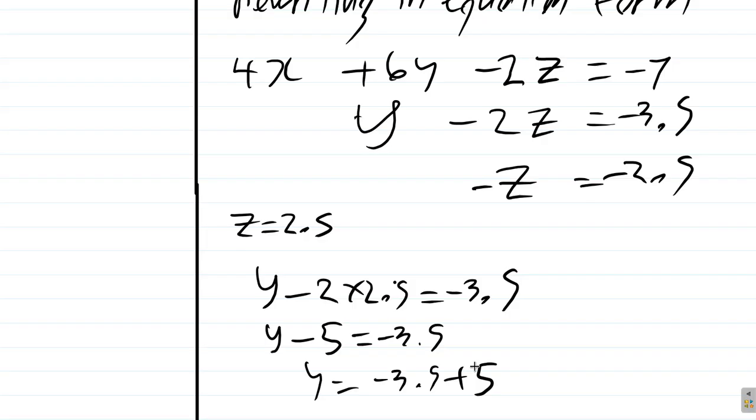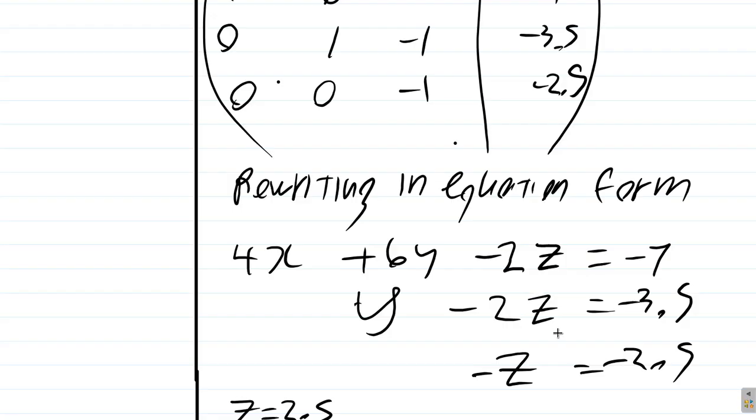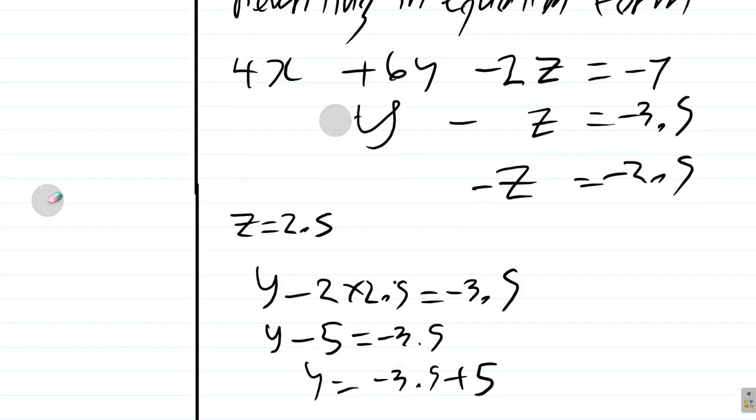Oh, it said 2z. What did it say? It's not 2z. It's z, 1z. Where did the 2 come from? My mistake. It shouldn't be 2z. It's 1z.